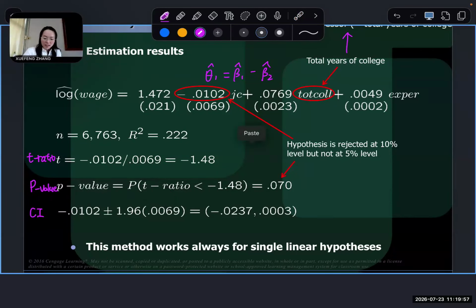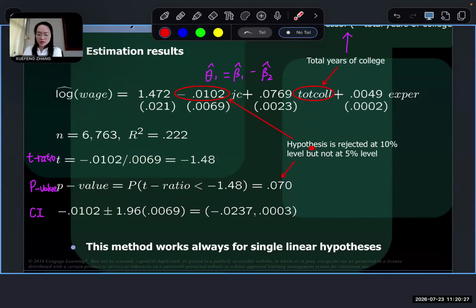Okay, so t ratio, right? You use the coefficient divided by its standard error, which is negative 1.48. And the p-value means the probability that the t ratio is less than negative 1.48 equals 0.07. In this case, what does it mean? We cannot reject our hypothesis H0 at 5%, but we can reject it at 10%.